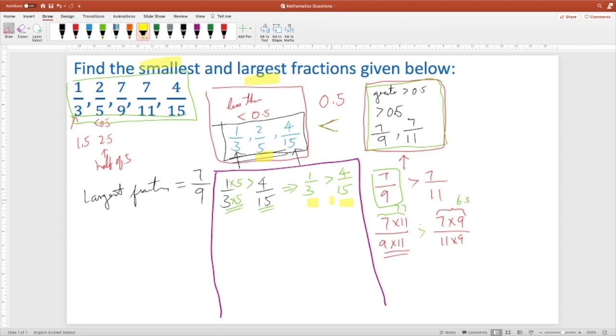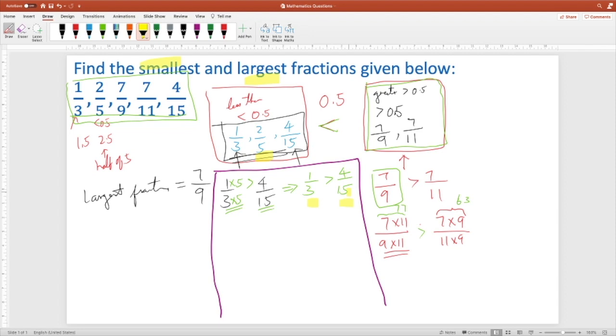You mean the smallest one? Yes, the smaller fraction in these two numbers, 1/3 or 4 over 15? 4 over 15. Yes, because 4 over 15 is smaller. So, because we want to find the smallest fraction in these 3 numbers, now we know that 4 over 15 is the smallest number.